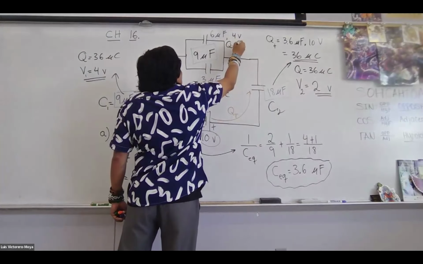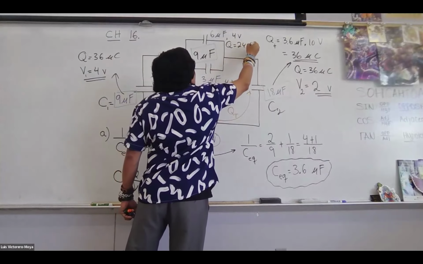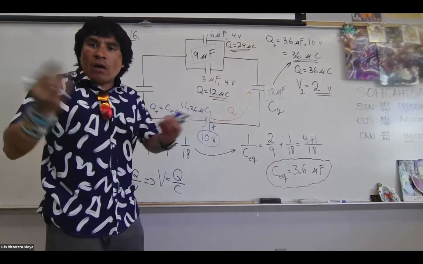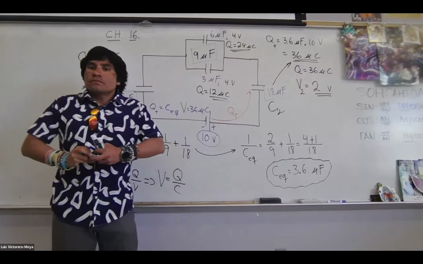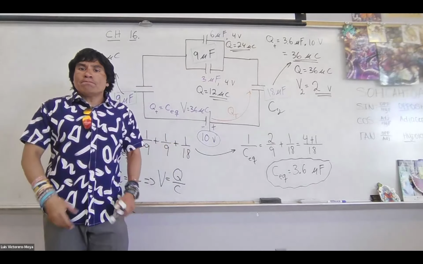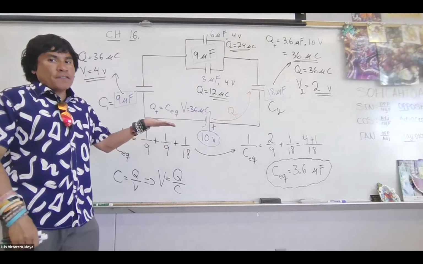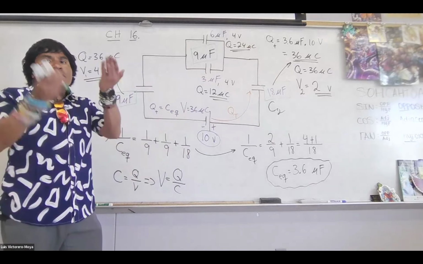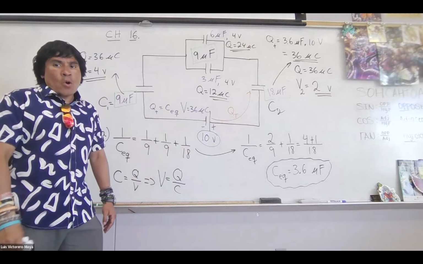And here is 24 microcoulombs. 24 plus 12, 36 microcoulombs. So that works. Okay. So this is how you do a circuit problem. It's identical with different numbers to the one that you have in Cengage.